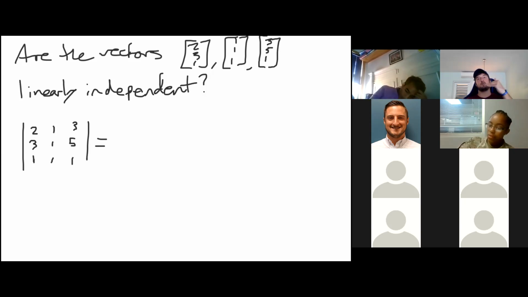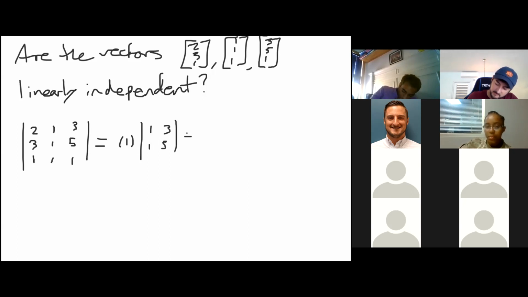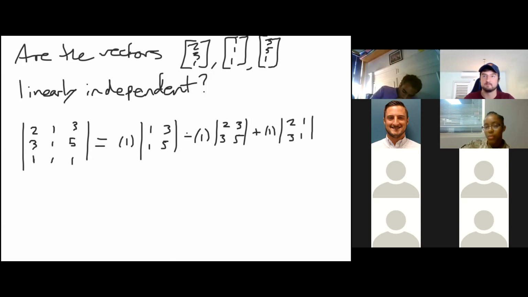Since it's an odd number row, we take the pattern plus, minus, plus, minus, plus, minus. So this will be 1 times the determinant of 1, 3, 1, 5, minus 1 times the determinant of 2, 3, 3, 5, plus 1 times the determinant of 2, 1, 3, 1.